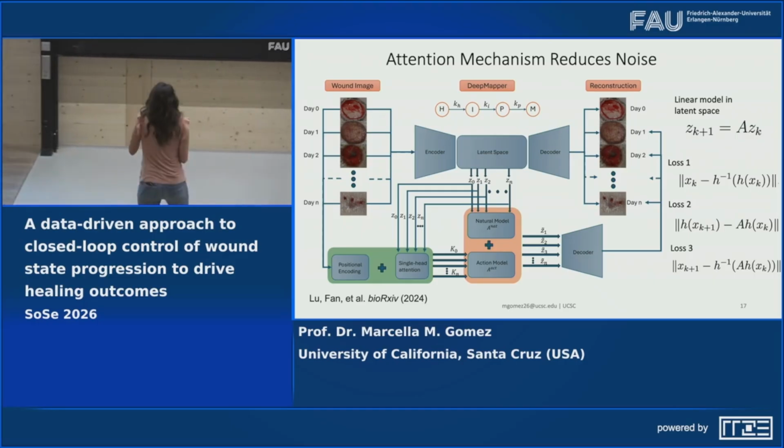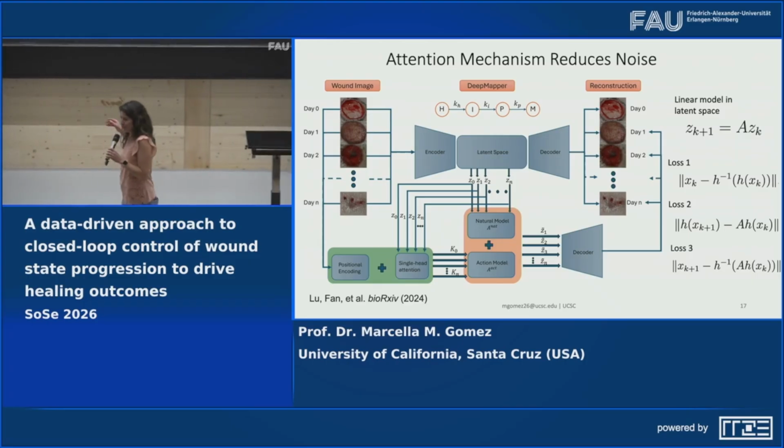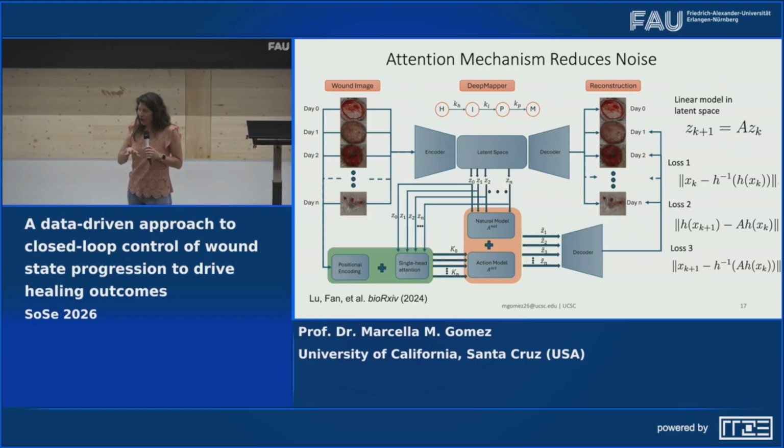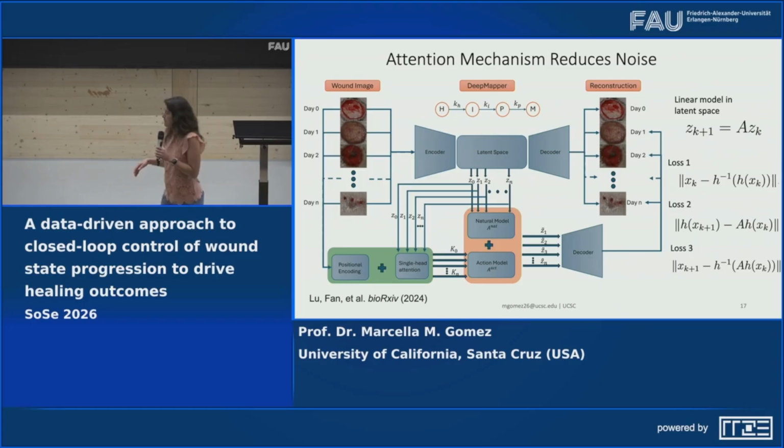Yes, so initially the labeling was because we thought that A natural would be the nominal parameters for the system, and the A actual would capture the changes in those parameters due to the intervention strategy, although it didn't necessarily always work out that way. And you can always back out and infer the effects of the intervention.